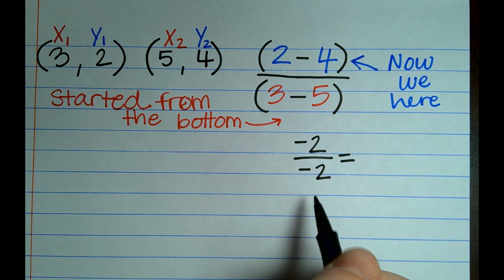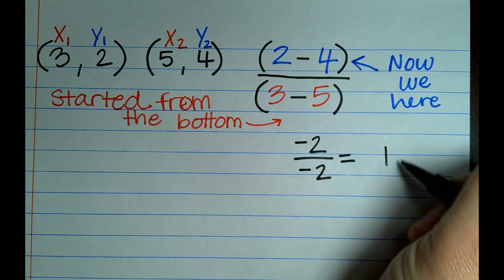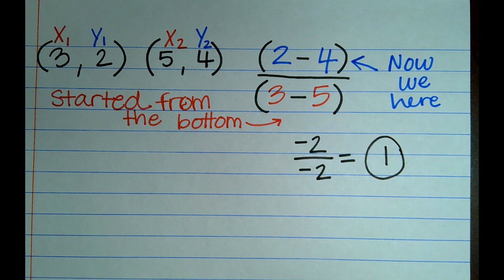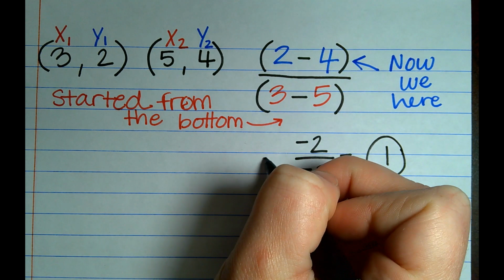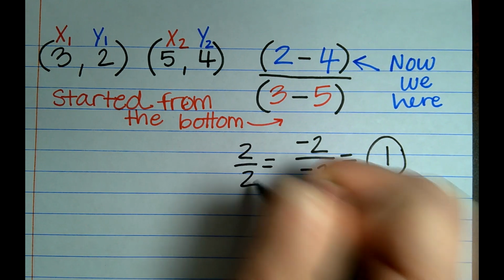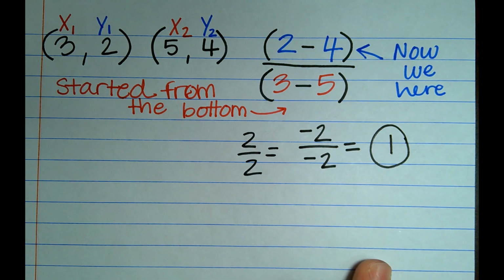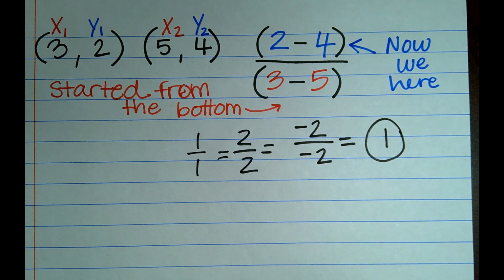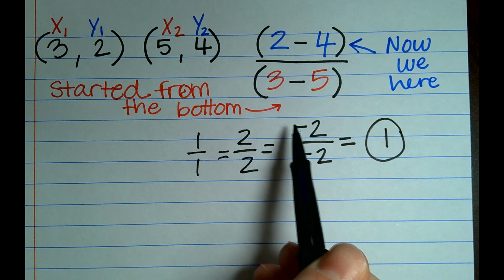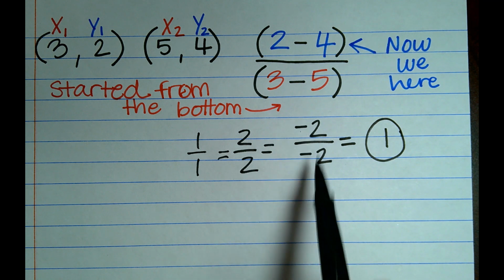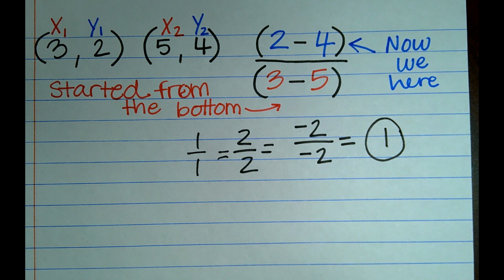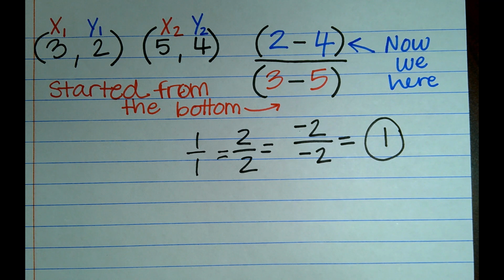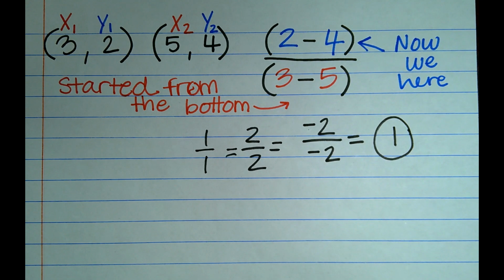Yes, -2 divided by -2 is 1. Although, if you kept it as 2 over 2, I wouldn't count you wrong. That's still right. Or even 1 over 1. But you have to simplify those negatives because they cancel out. That's important.